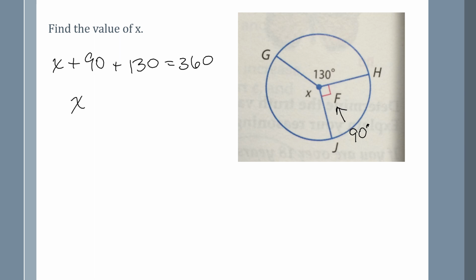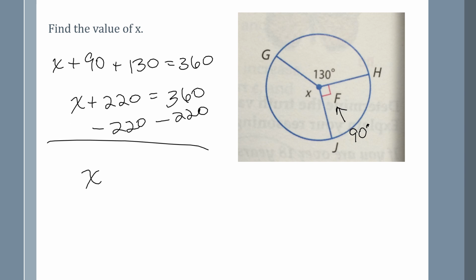So x plus 220 equals 360. I'm going to subtract 220 from each side, and I'm going to find that x is equal to 140. And there we're done with that problem, at least.